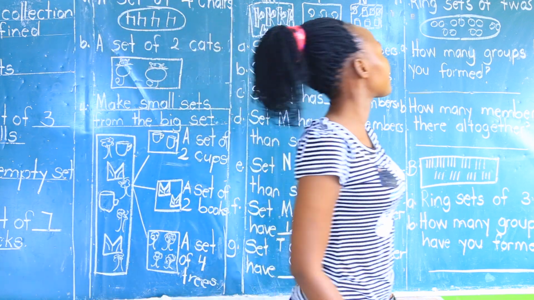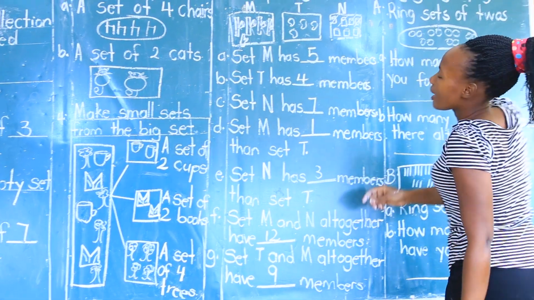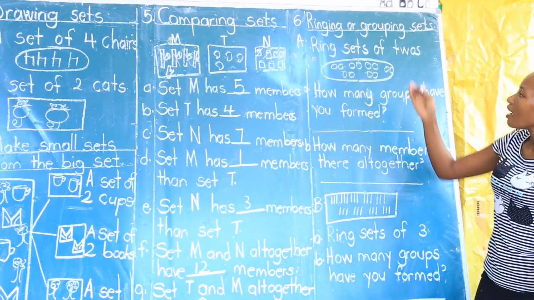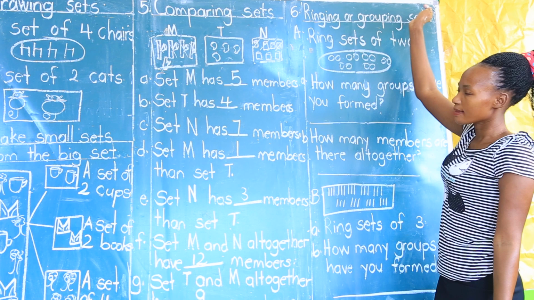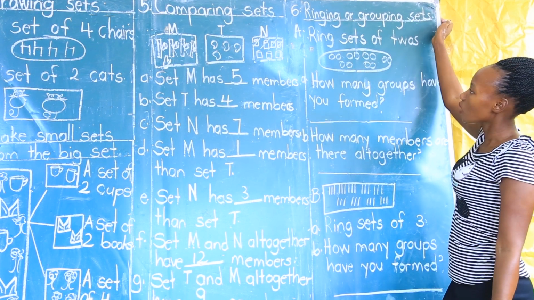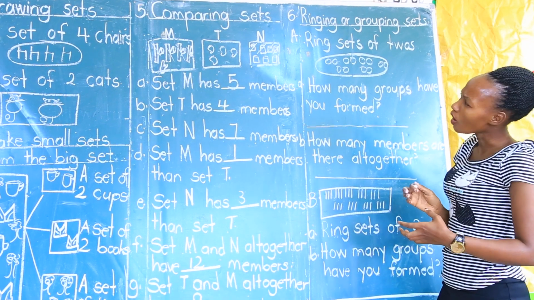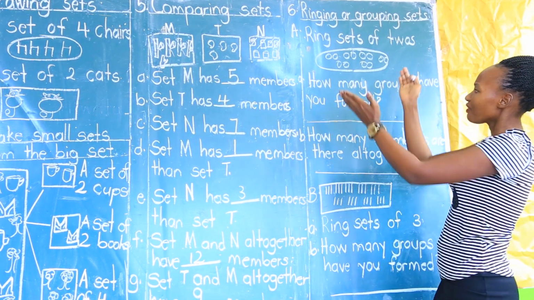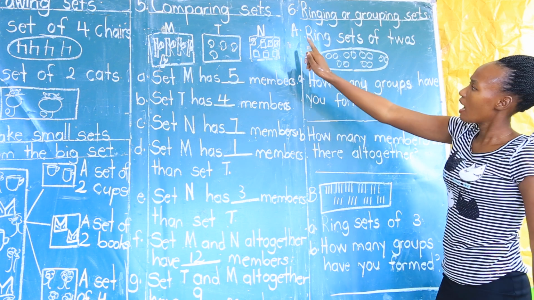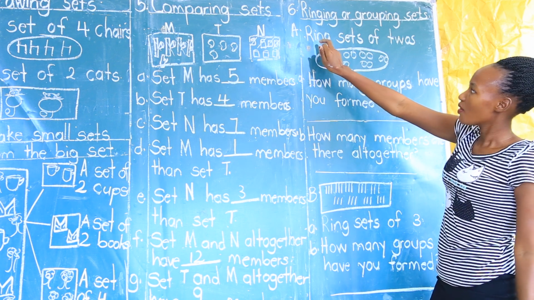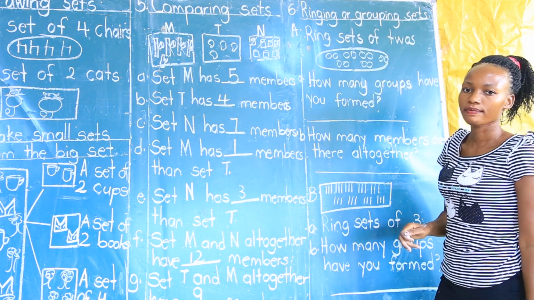Still on sets, there is another subtopic which is ringing or grouping sets. When they talk of ringing or grouping sets, now we have our sets here. Now our first question is ring sets of 2's.